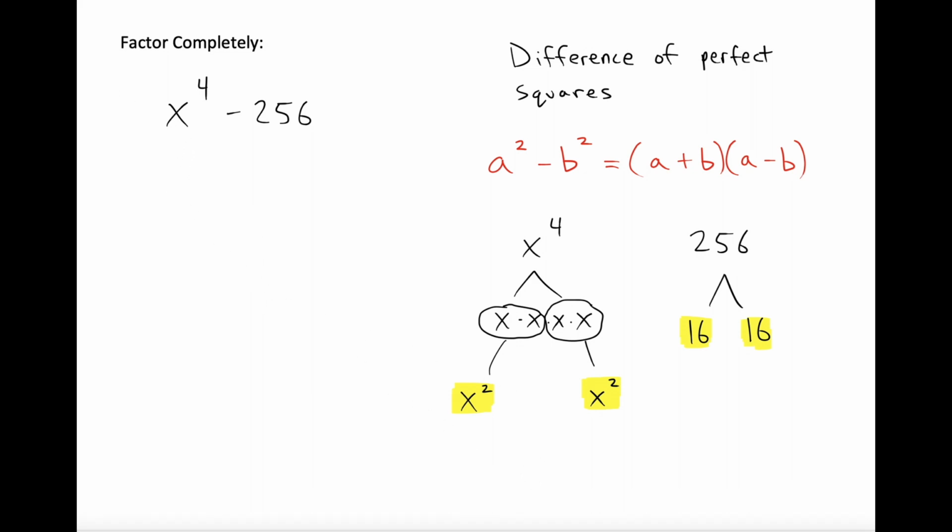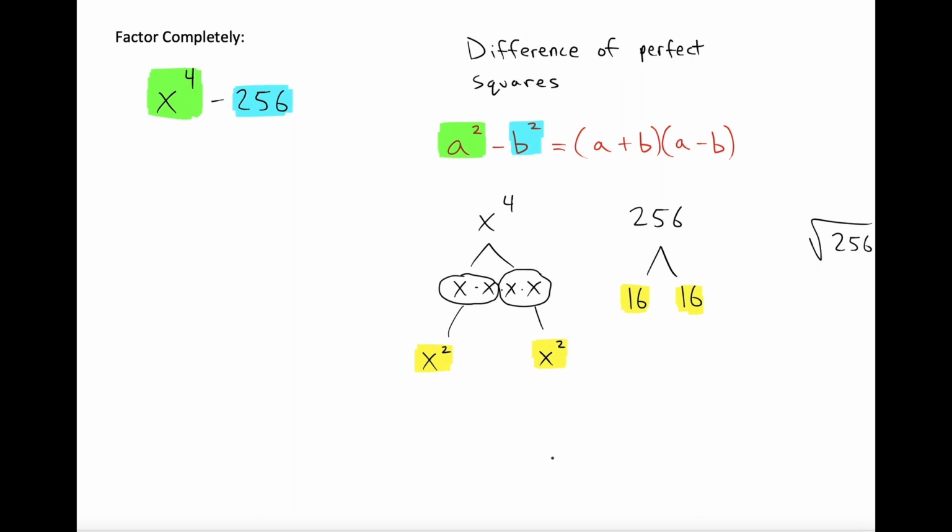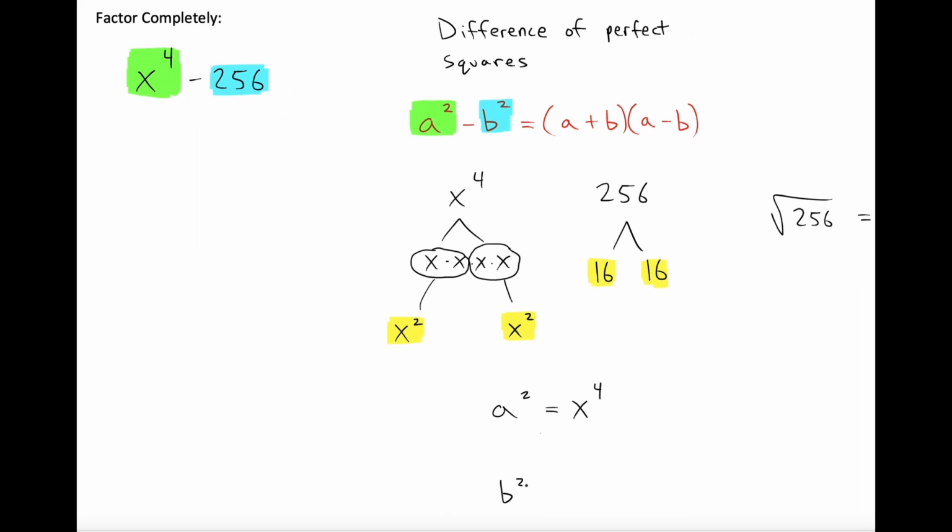Now, if we match up the expression that we're given to the known identity, we can see that x to the fourth is taking the place of a squared, and the 256 is taking the place of b squared. So if you want, you can write those on the side, that our a squared is x to the fourth, and our b squared is 256.